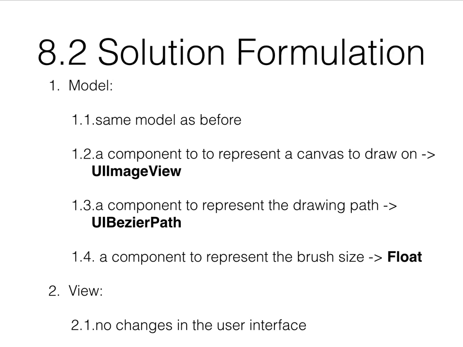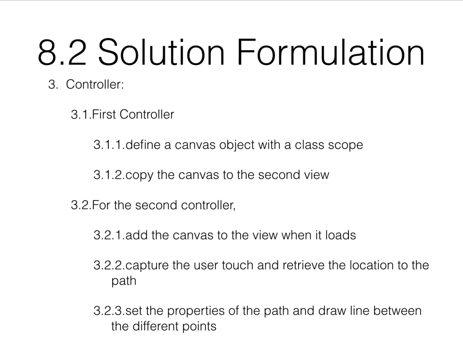We have everything we need for the color, and now we have a component for the canvas, and we have a component to collect the points. We need something that represents the brush size, and here we're going to use a float type to represent the brush size. So on the view, there are no changes to the view. Very interesting. You'll see how involved this work is, but it's all done behind the scenes in the controller. Nothing in the view will be changed or added.